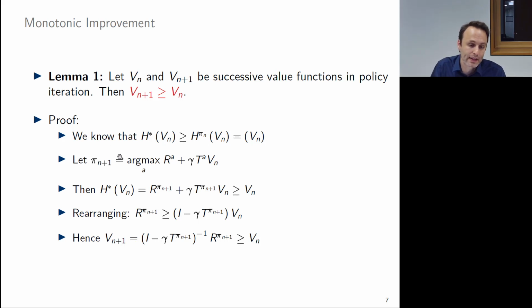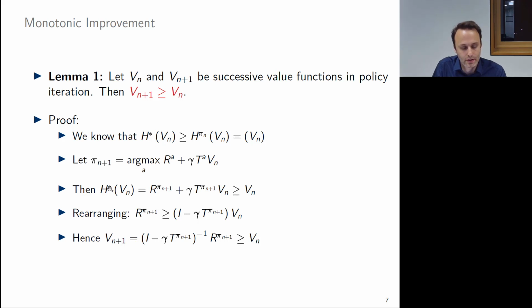So then we can also extract the policy pi n plus 1 from just taking the argmax of the reward vector plus the discounted expected rewards in the future, and then we can just plug in.